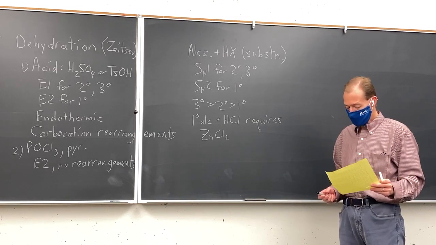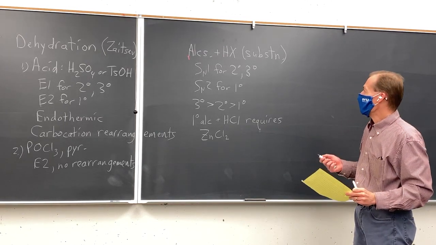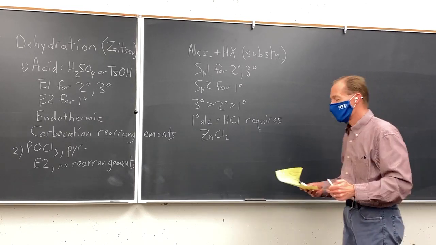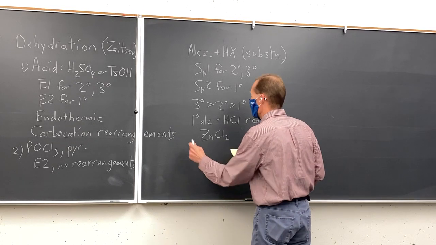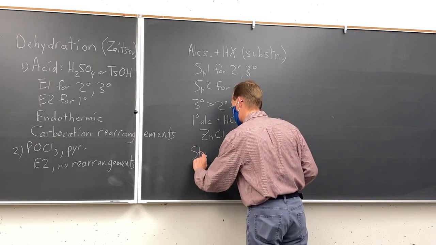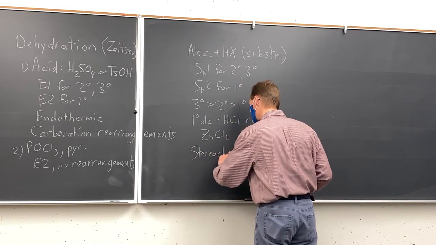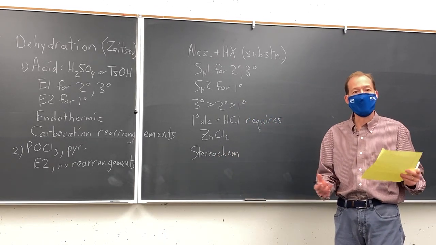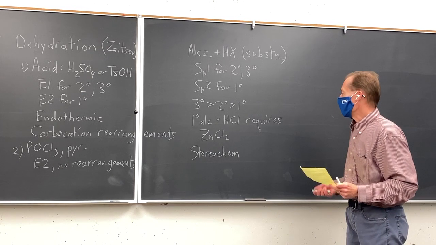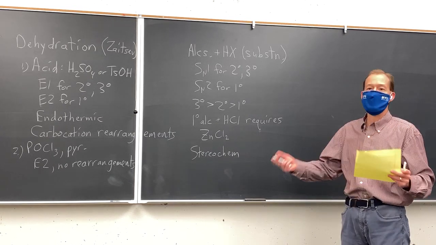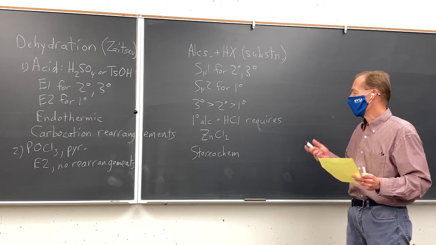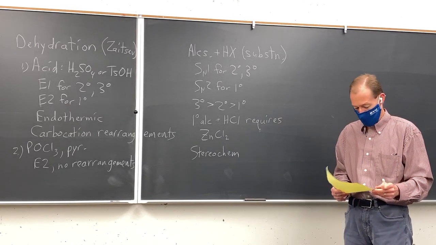Okay, so this is a substitution process, and when we have a substitution reaction, we need to pay attention to the stereochemistry, meaning do we have inversion or do we have racemization? And that depends on the mechanism, of course. When it's SN1, we're going to see racemization. When it's SN2, we're going to see inversion.